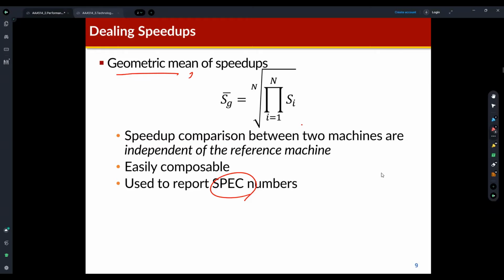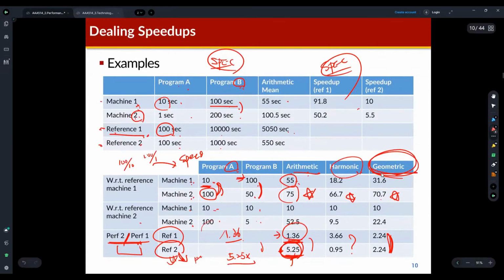But as I showed in this example, the average performance value can be changed by reference machines.